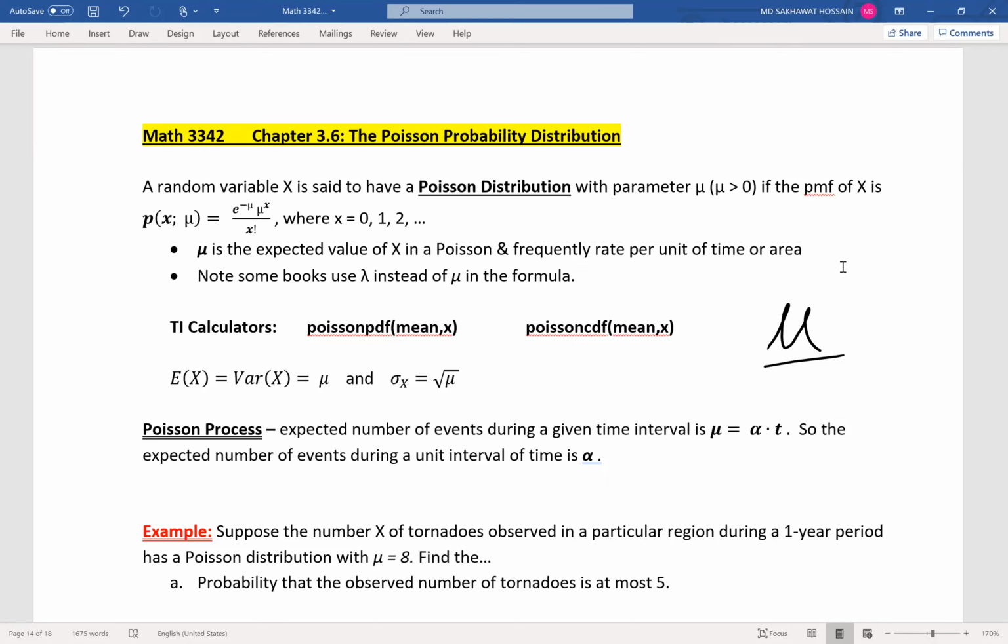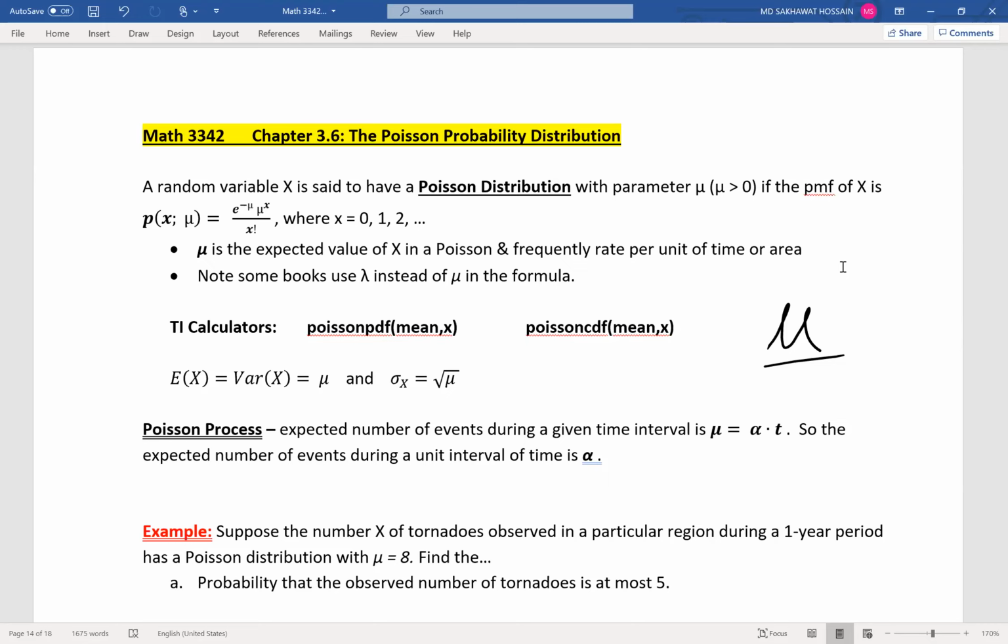And the possible values of x will be the number of patients. So it could be any number, it could be 0, but it should be an integer, right? Because the number of patients cannot be a fraction, right? So that's why this is also a discrete distribution. And this type of distribution is called Poisson distribution.